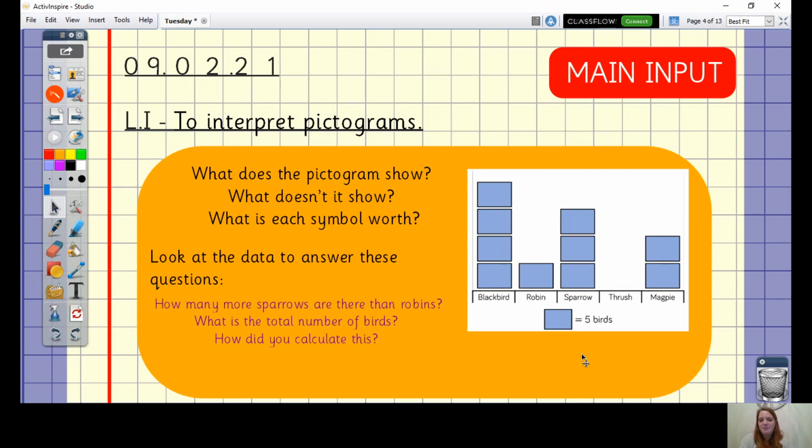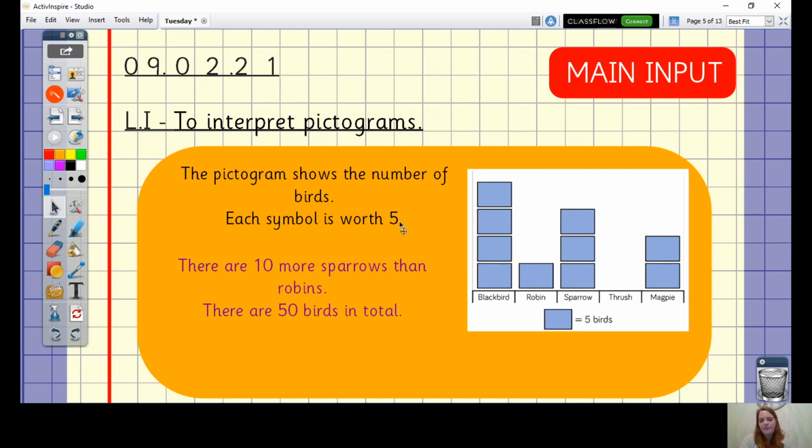Okay, hopefully you've had some time now to answer those 3 questions about this pictogram. So the first question was, how many more sparrows are there than robins? Okay, so if we have a look at our sparrows, remember each symbol is worth 5. So let's count our total of sparrows: 5, 10, 15.